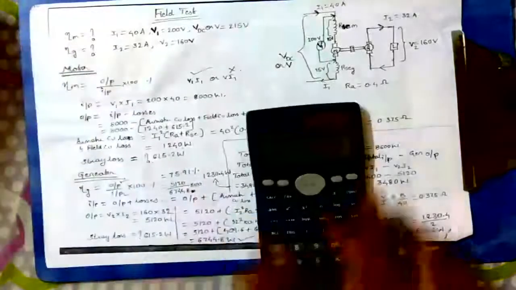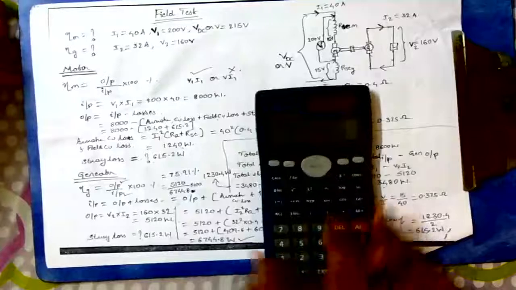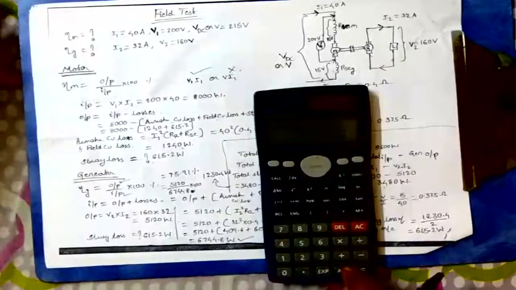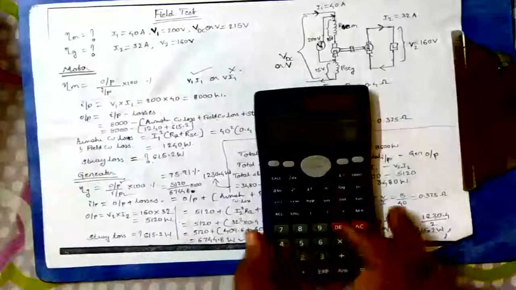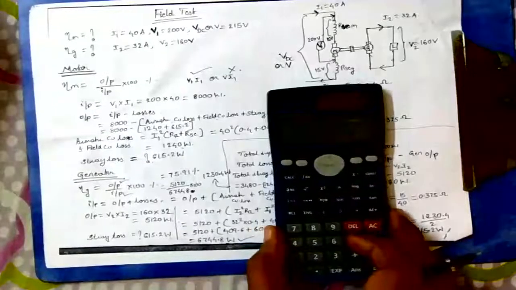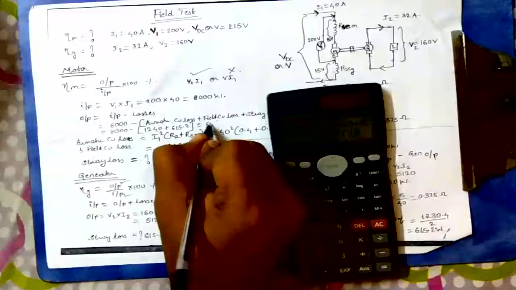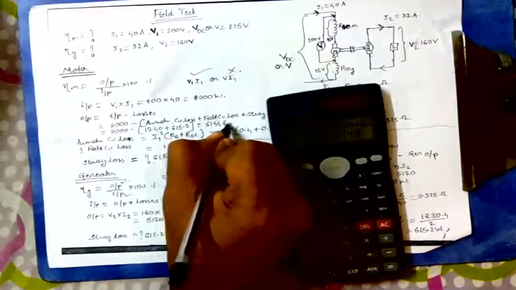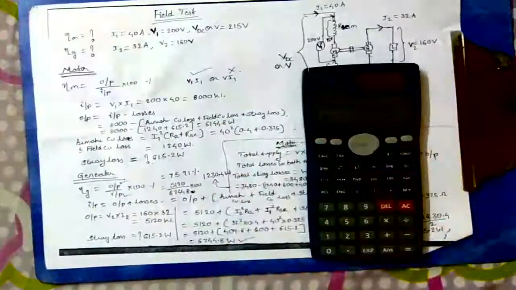In the calculator, 8000 minus, in the bracket, 1240 plus 615.2, is 6144.8 watts.